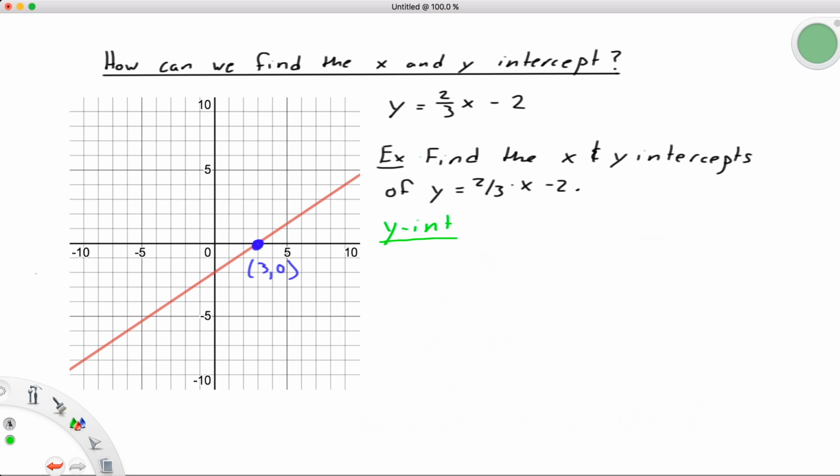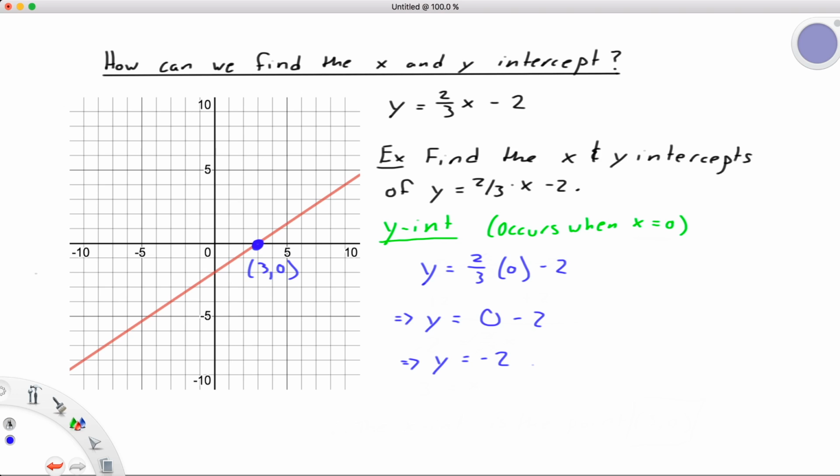Now, to find the y-intercept, this is going to be very similar. Just in the case of the y-intercept, this occurs when x is equal to 0. So if we plug in 0 for x, then our equation becomes y equals 2/3 times 0 minus 2. 2/3 times 0 is just 0, and 0 minus 2 is -2.